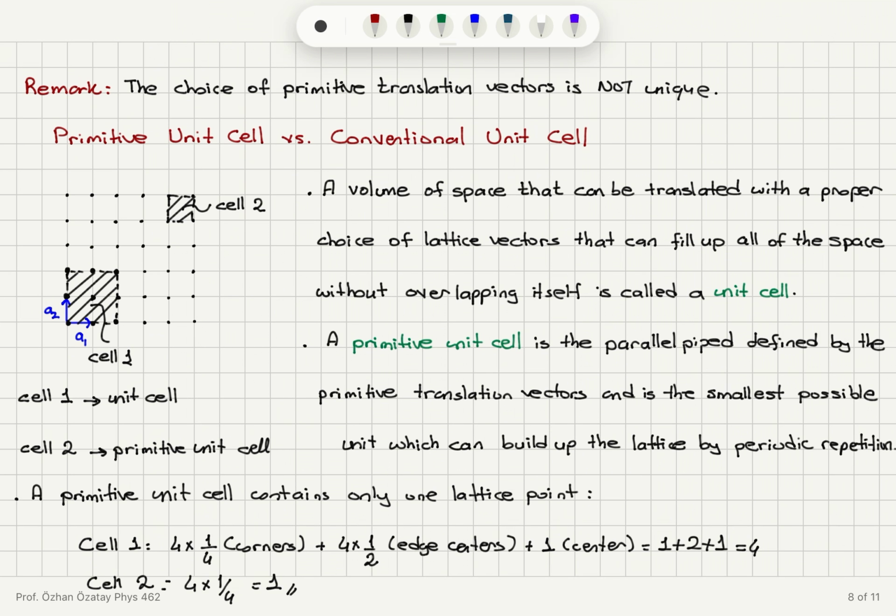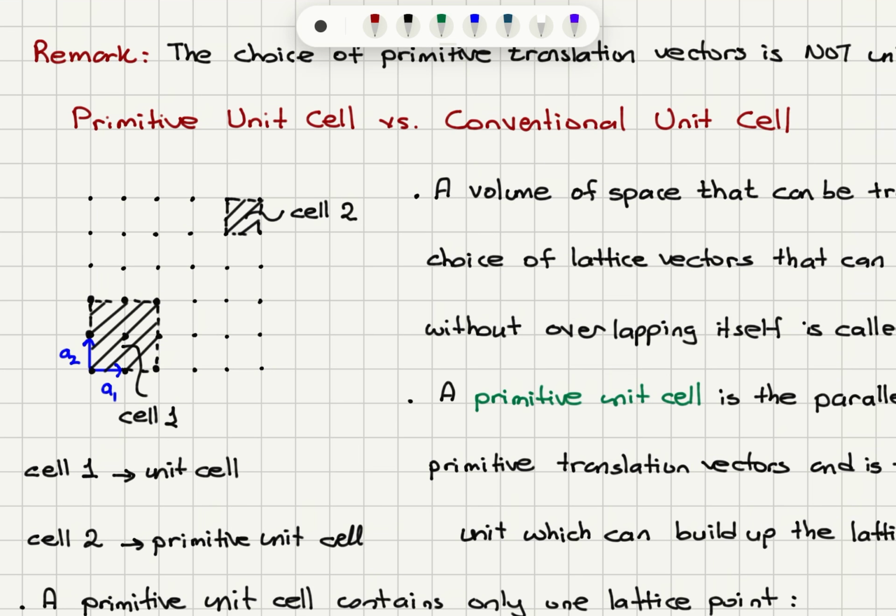Now, when we look at a lattice and we're trying to find a structure that is repeating itself in a periodic manner, we can find some unit cells. With a proper choice of lattice vectors, a volume of space can be translated and fill up the whole space without overlapping itself. This is called a unit cell. You can see here in the square lattice, cell 1 and cell 2 are both unit cells.